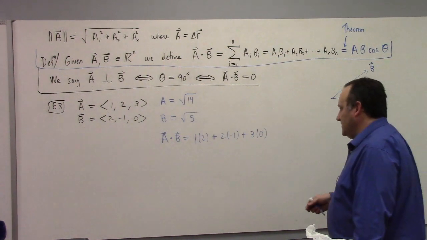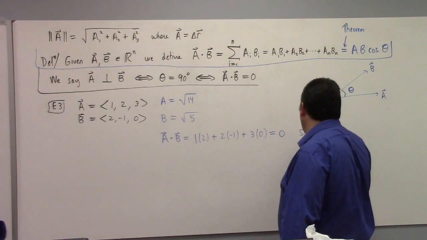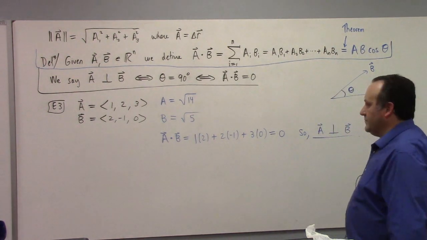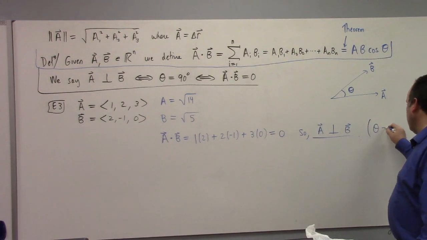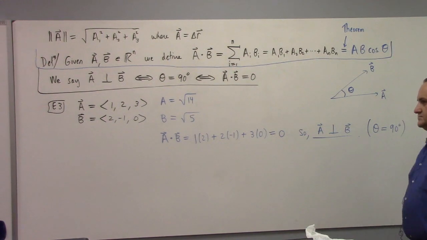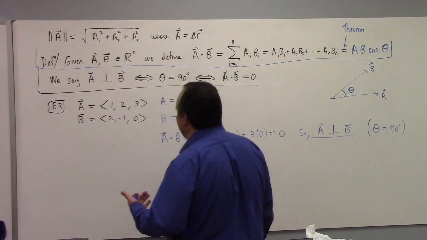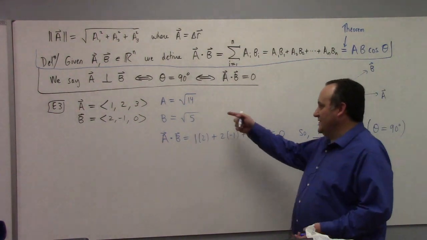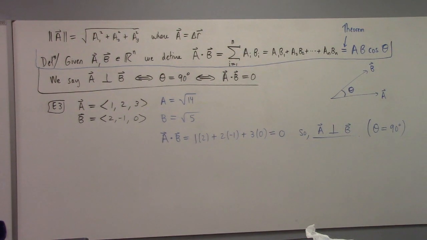In this case, the number is 0. So apparently A is perpendicular to B, and the angle between them is 90 degrees. We didn't actually need to calculate the magnitudes for this. We could have figured this out without them.